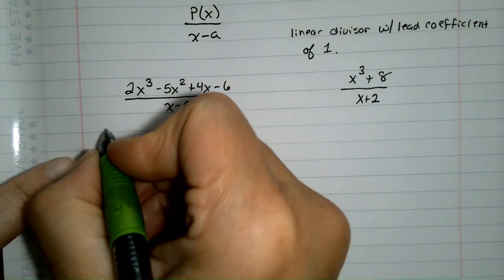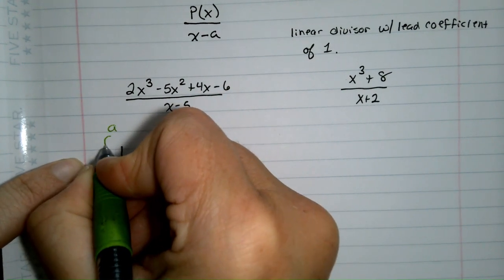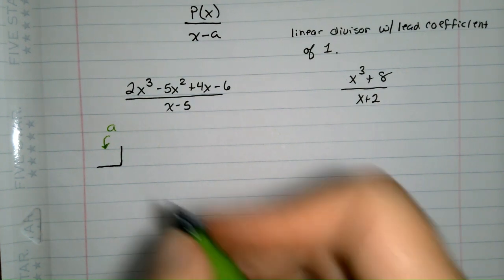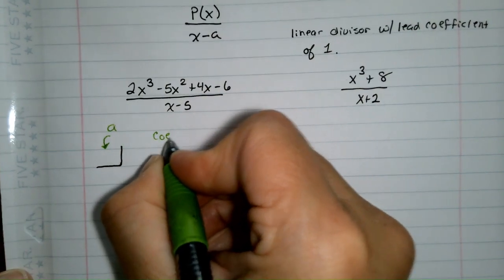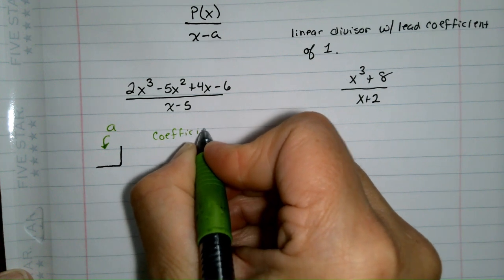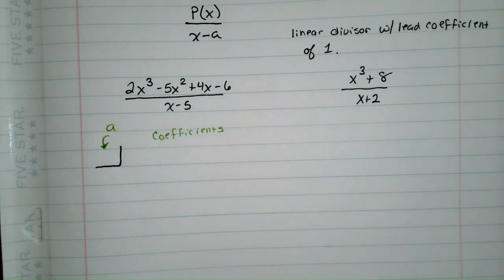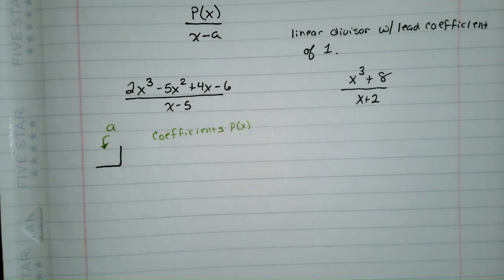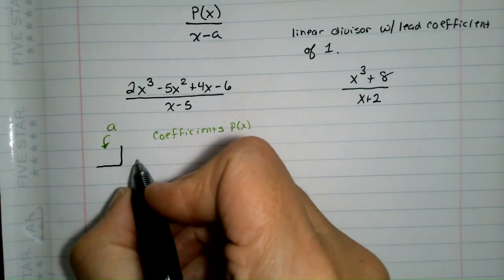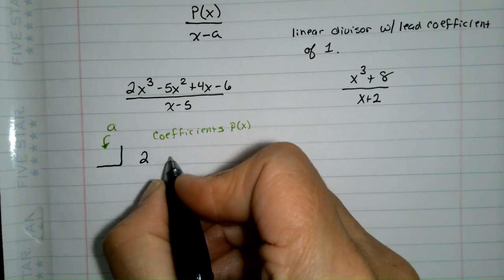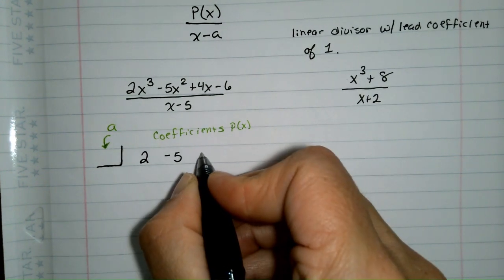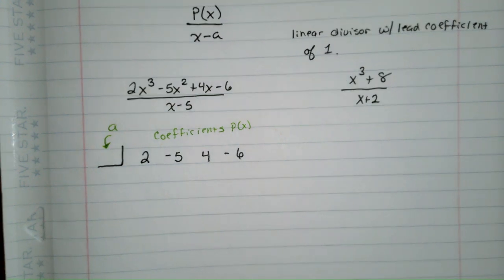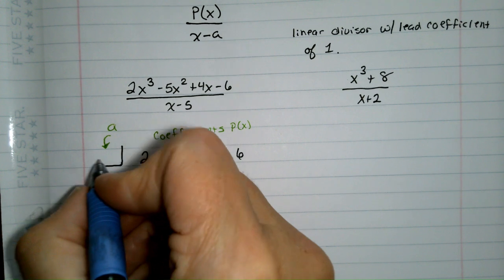And the a value goes inside there. And the coefficients of p of x go on the side. Okay. So in this case, it was 2, negative 5, 4, and negative 6. And our a value is 5.